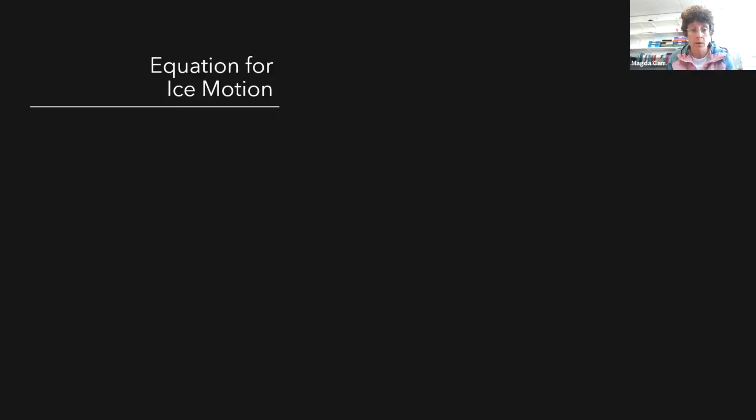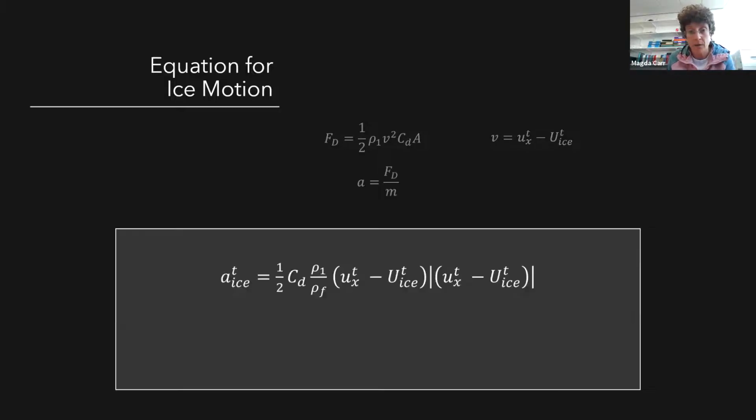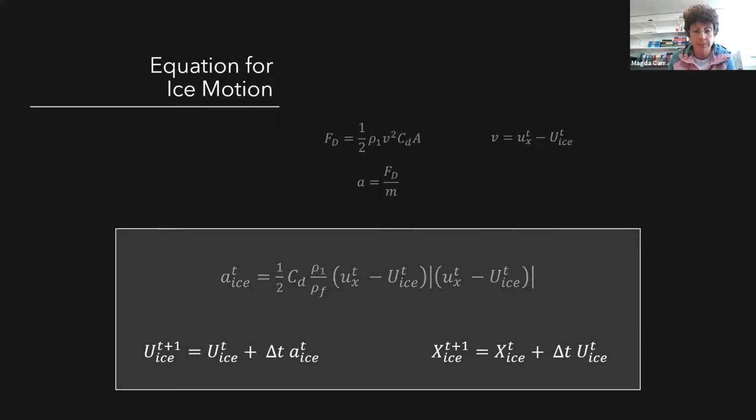And Sam has been modeling this. He's come up with an equation of motion for the ice. So we can write the drag force on the ice as a half times the density times the relative velocity squared times some drag coefficient multiplied by the cross-sectional area. We can write acceleration as force divided by mass, and therefore get an expression for the acceleration of the ice at some time t.